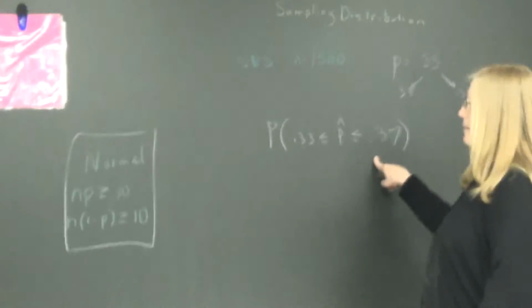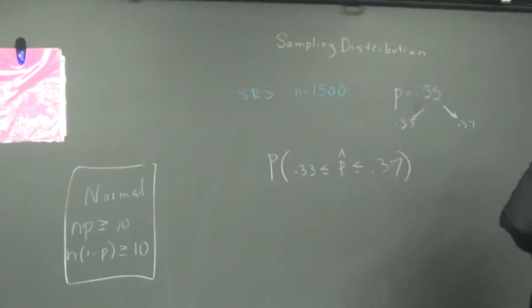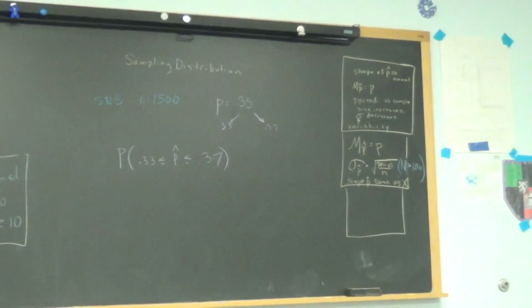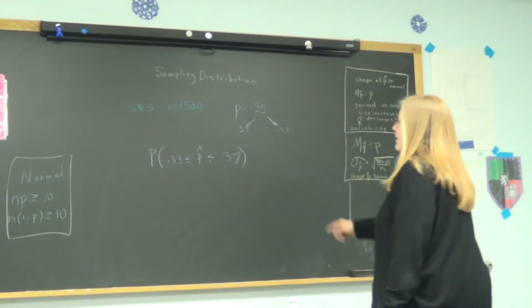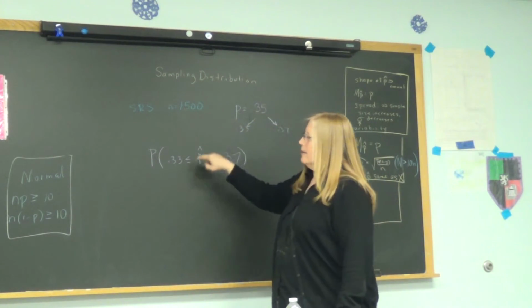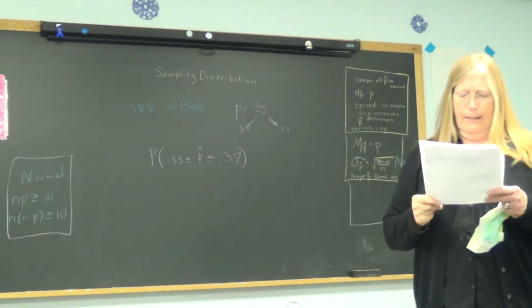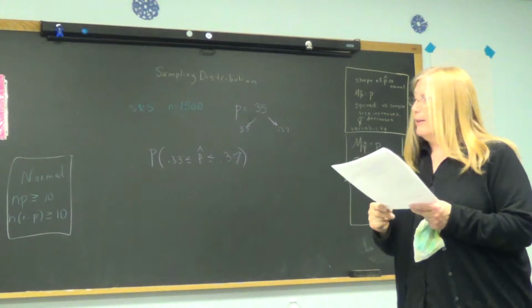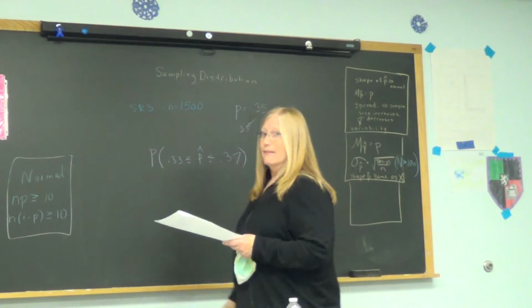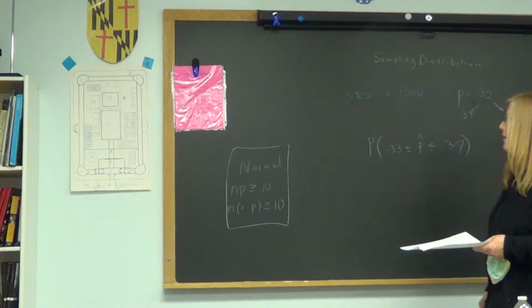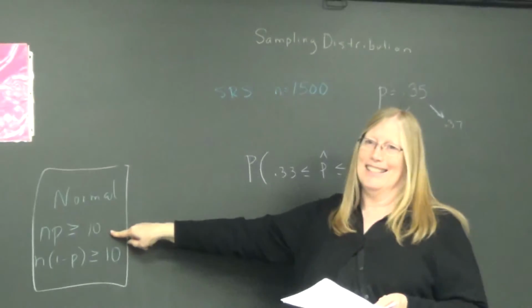With that, are we allowed to use chart A in this scenario? How do I know if I can call it approximately normal? Is 0.35 times 1500 greater than 10?